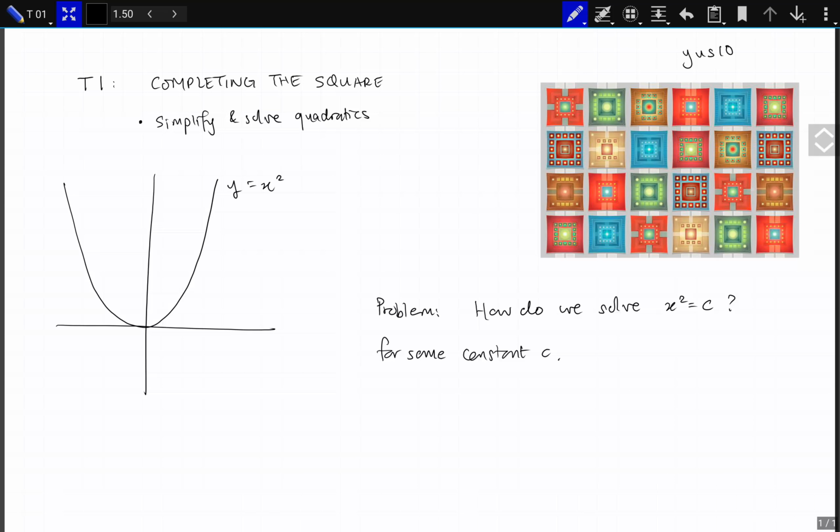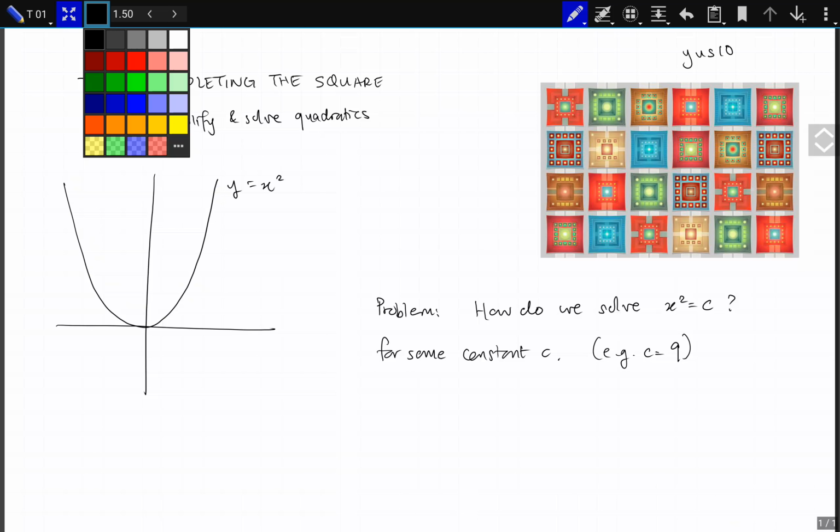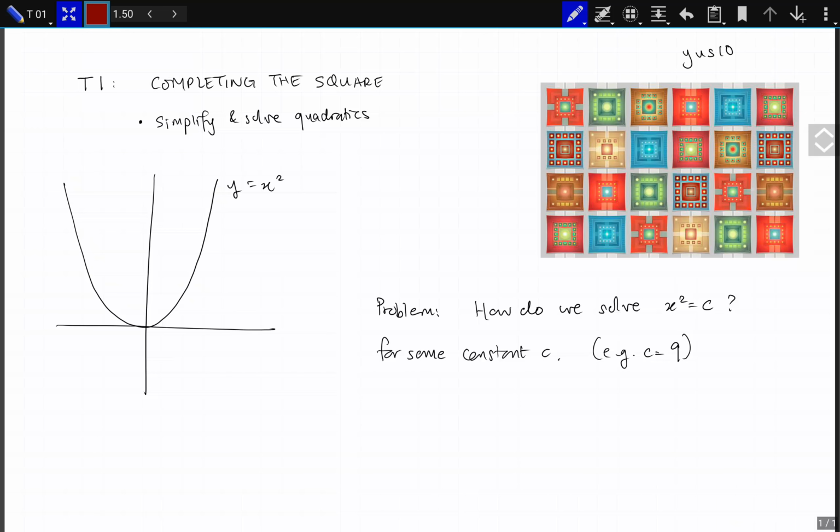For concreteness, we might try c equals 9. So you may know, of course, the solution is just plus or minus 3. But geometrically, we're looking for the intersection of this curve with the constant line y equals c.